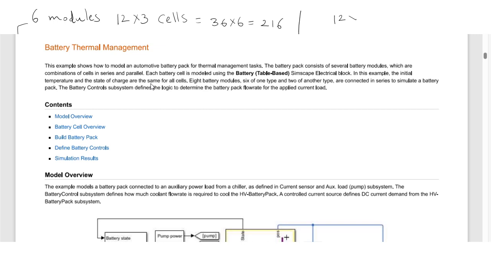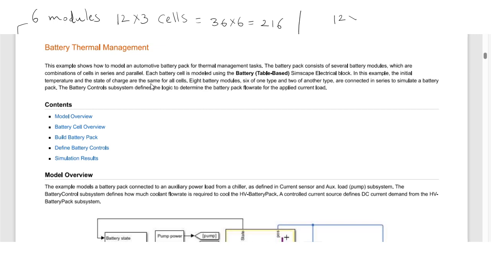So 8 battery modules we are using here. Out of them, 6 of one type and 2 of another type. Those are connected in series to simulate a battery pack. So here 8 modules are connected in series, 6 are of the same type and 2 are of a different type. And the battery control subsystem defines the logic to determine the battery pack flow rate for the applied current load.